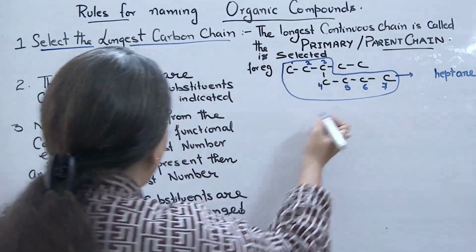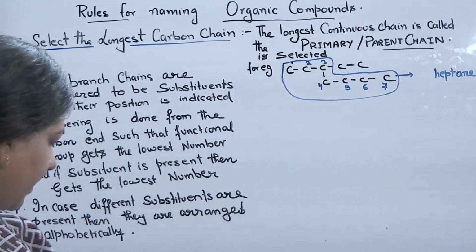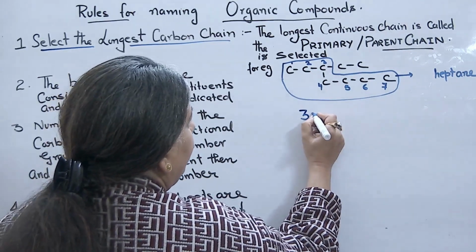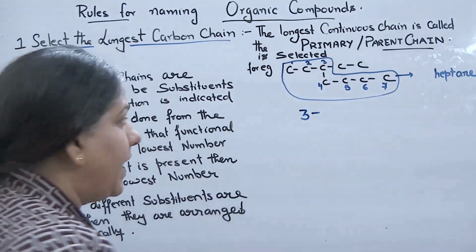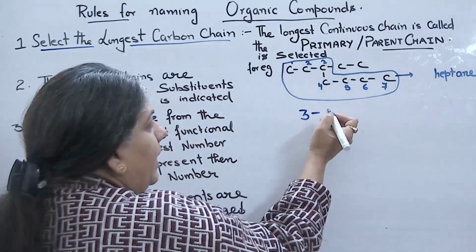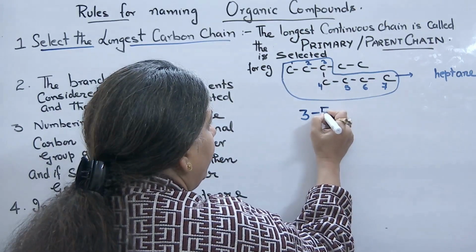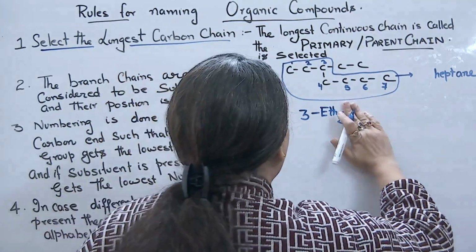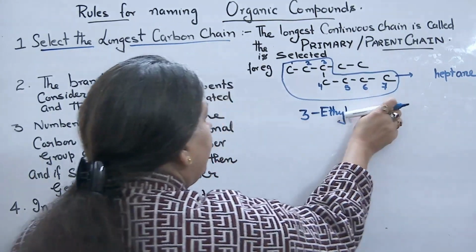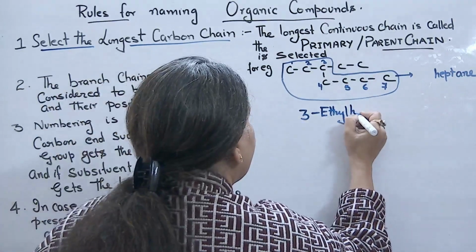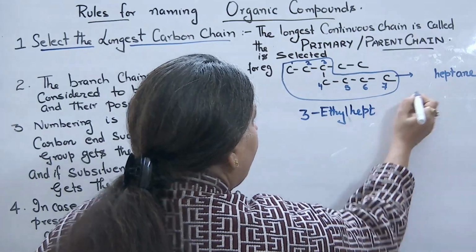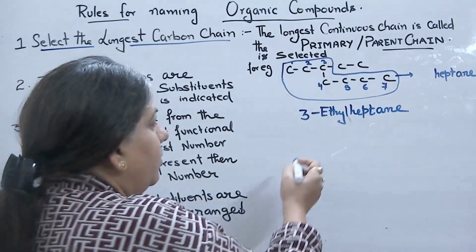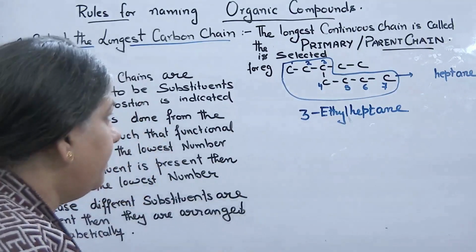So the overall name will be somewhat like this: 3, then a dash. Between the number and the letters there is a dash. 3-ethyl, then comes the root word hept and the suffix ane, since all the bonds are single bonds. So the name will be 3-ethylheptane.